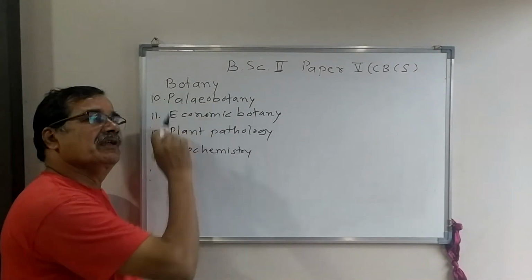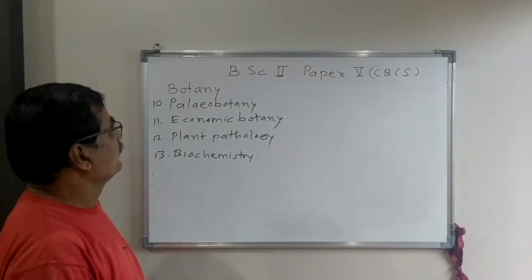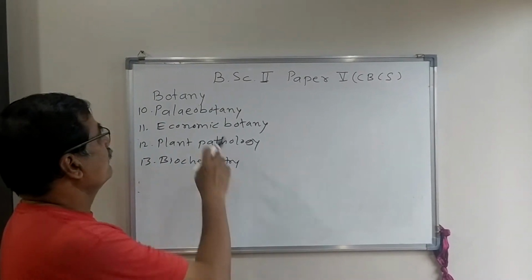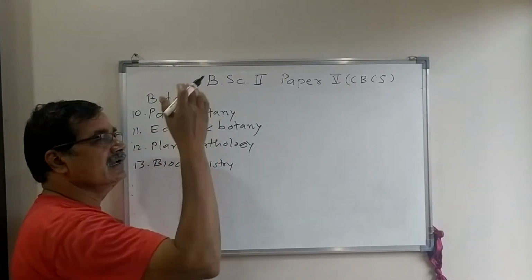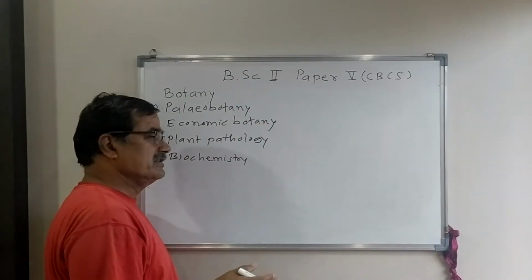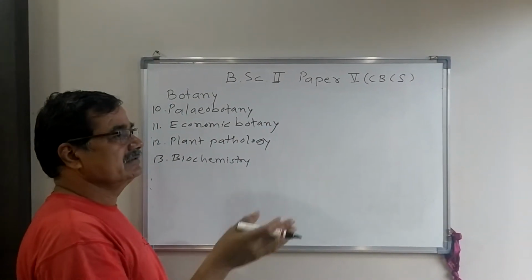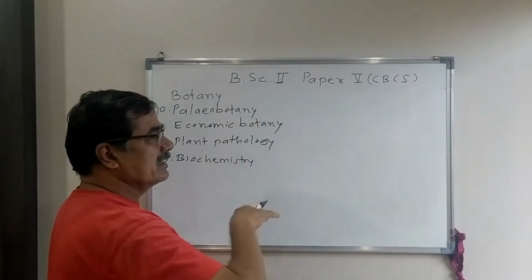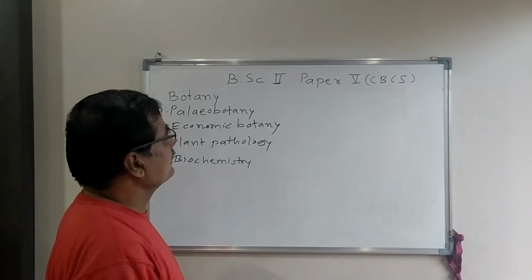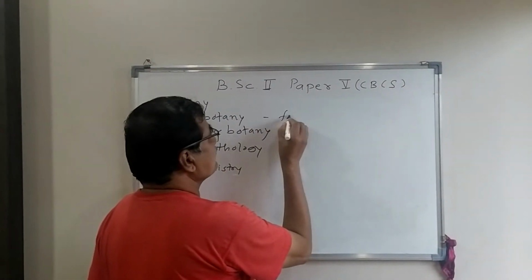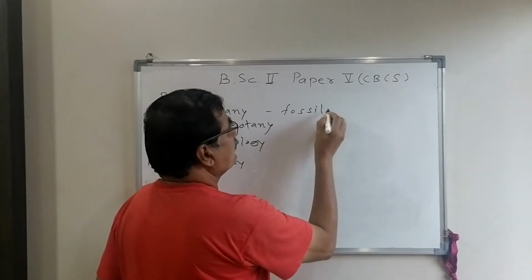This was about some of the main important branches of botany. Paleobotany is one of the important branches of botany. Here, fossil plants are studied. In the case of fossil plants, the hills slide down, and along with this the branches of plants and flowers are buried into the soil. They are dumped, decaying takes place, and after decaying, some parts of the plants remain as they are for longer periods.